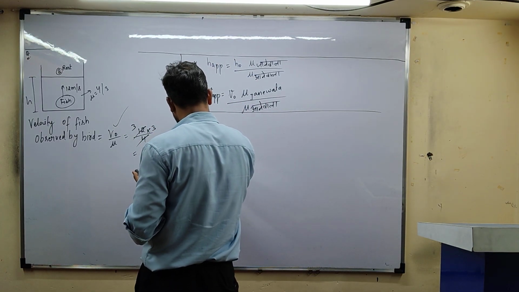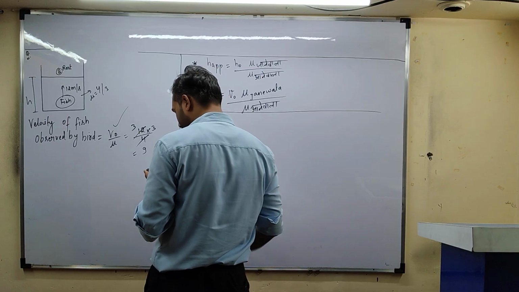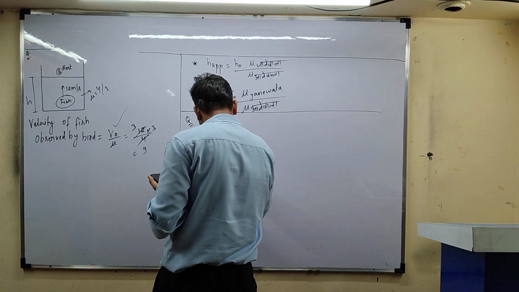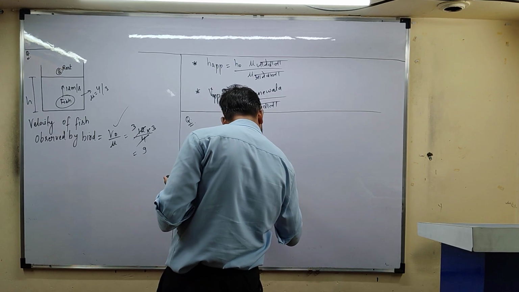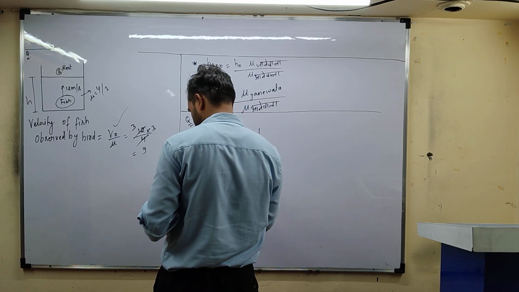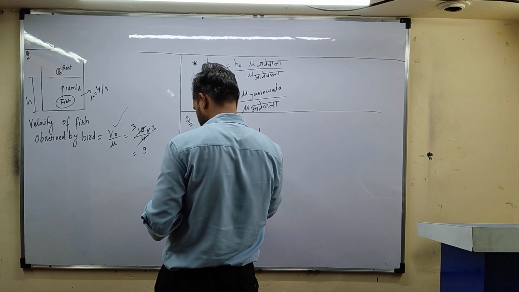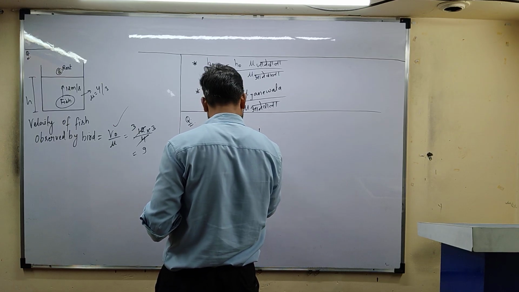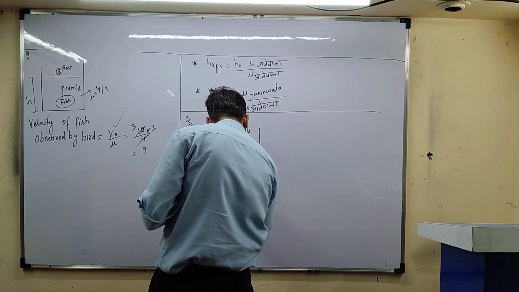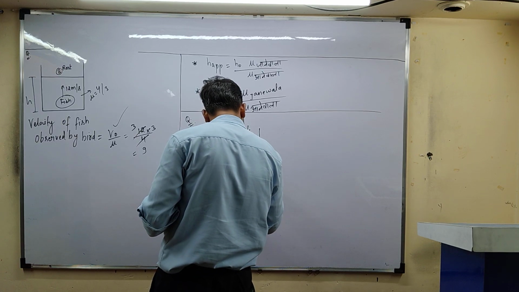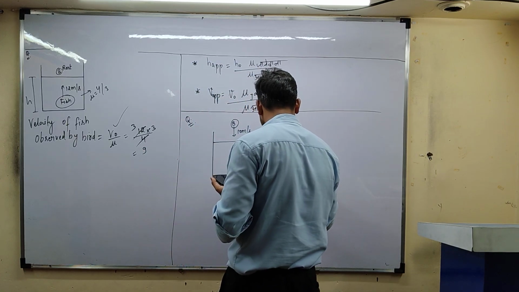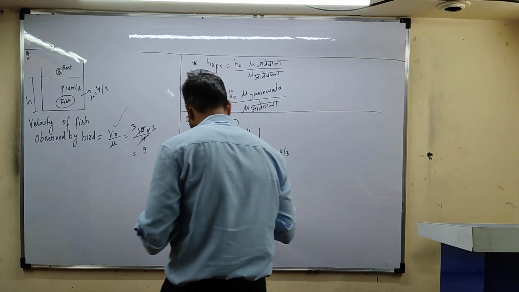Another question. Bird. Now in this scenario, the bird has some velocity, 10 meter per second, and the fish also has some velocity, let's say 12 meter per second, and the value of mu remains the same, 4 by 3.